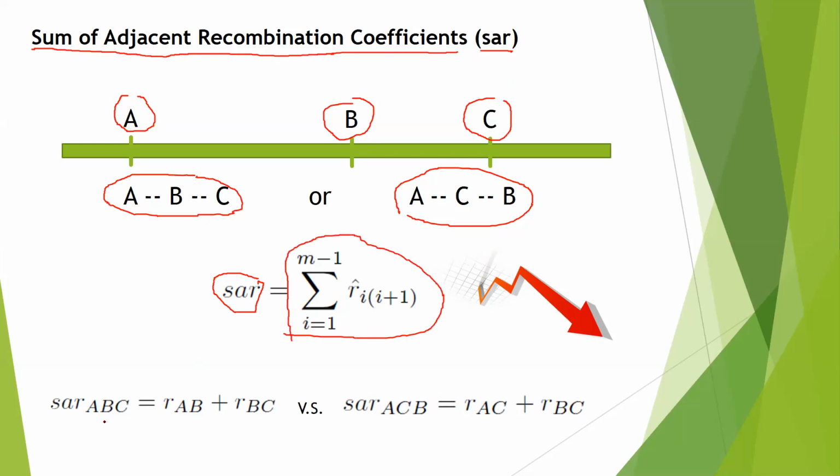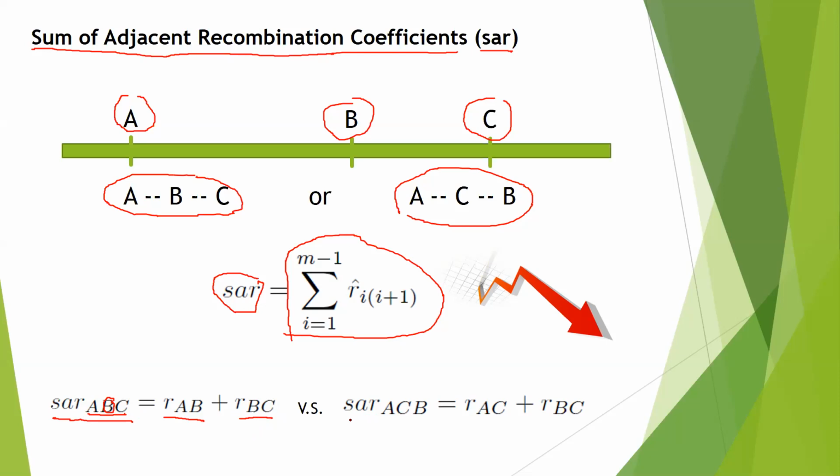For example, if we want to calculate the SAR of ABC, in this order, suppose B is in the middle, so the SAR ABC should be the recombination frequency between A and B plus the recombination frequency between B and C. So this is the definition.